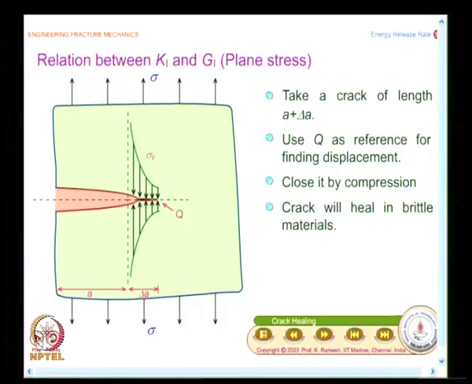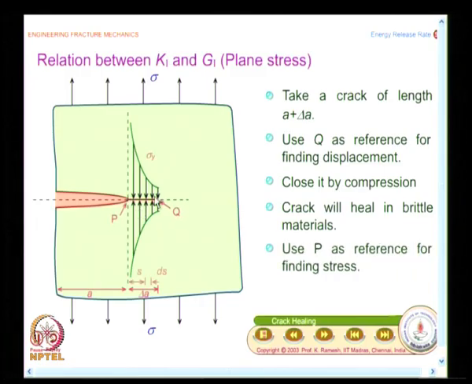When I complete this animation sequence, you find the crack would heal for brittle materials, we have already seen it. And now you have a recipe. For me to calculate the quantities, I have to find out the force into displacement. I have to calculate the force based on P as the origin.